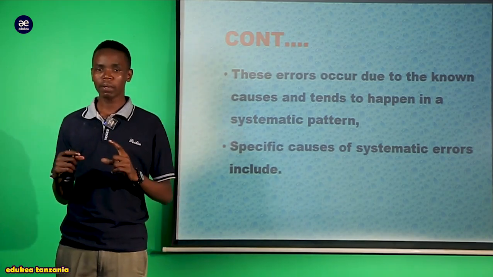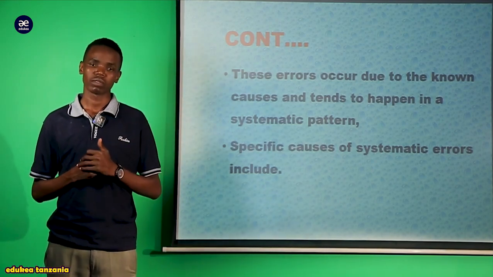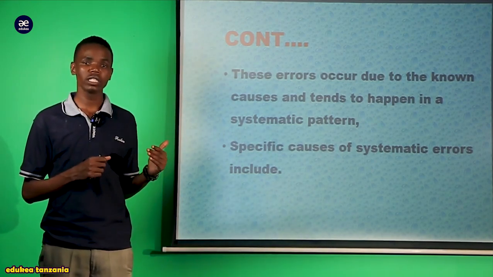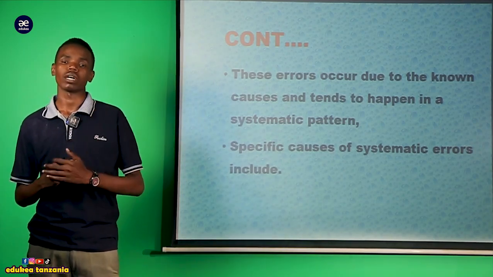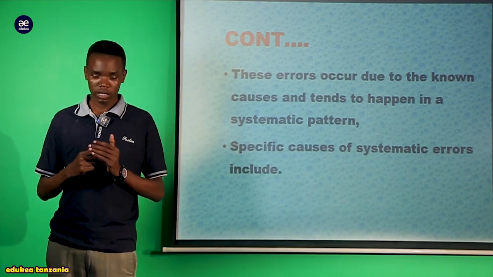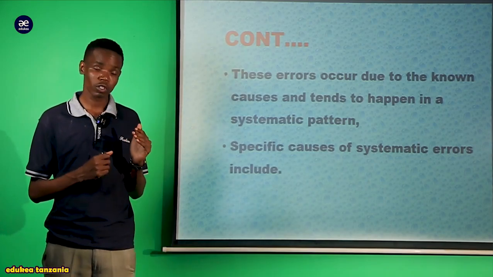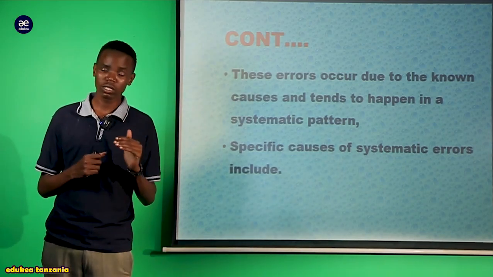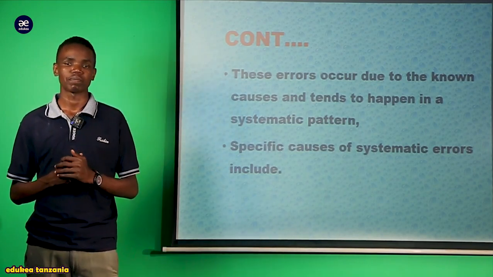For instance, we have seen examples of systematic errors, such as rulers and also the beam balance. Those are some of the known causes that can cause systematic errors.